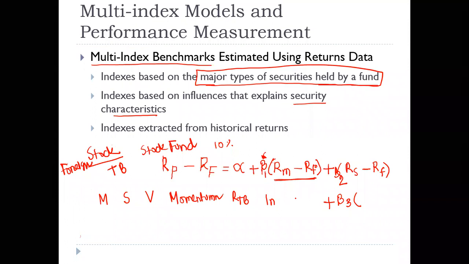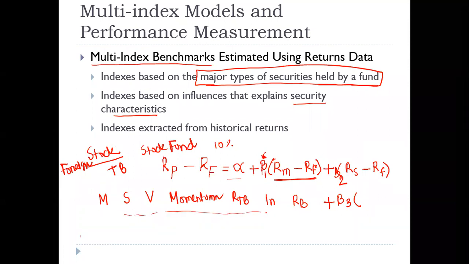In that case, should we include an index which represents the return of bonds? Now, how many indexes are we approaching? A good number of indexes, if we go for understanding all of the constituents of our portfolio.